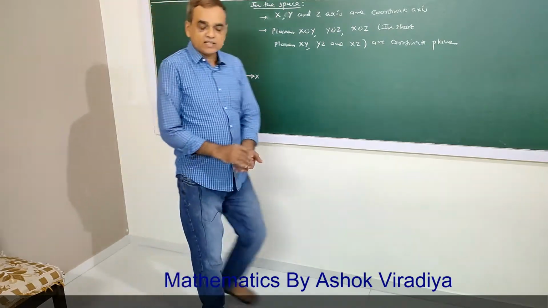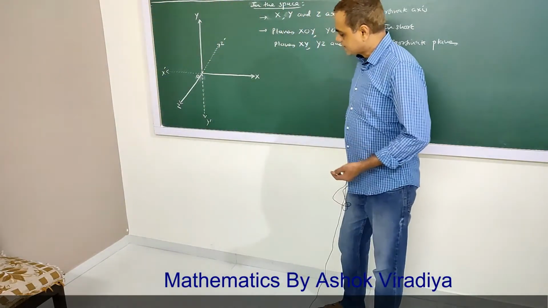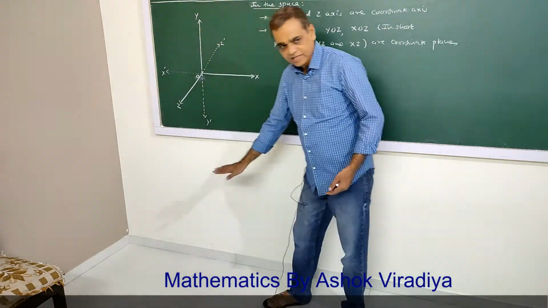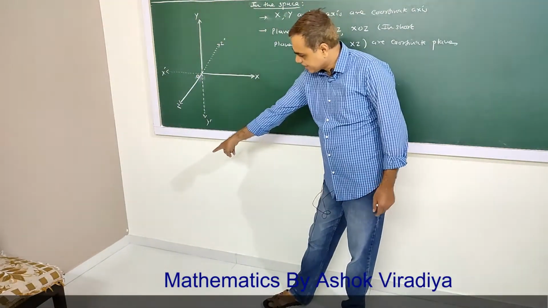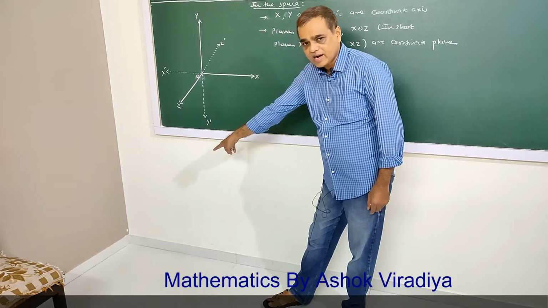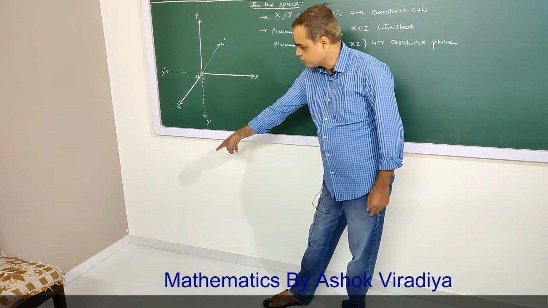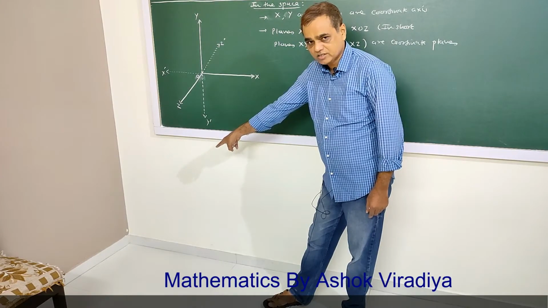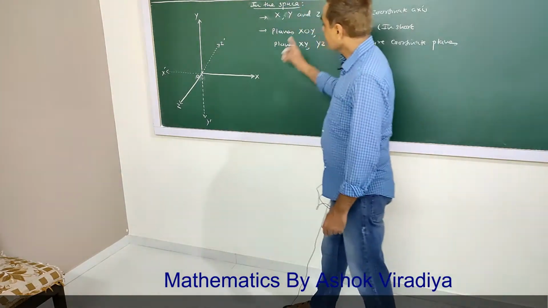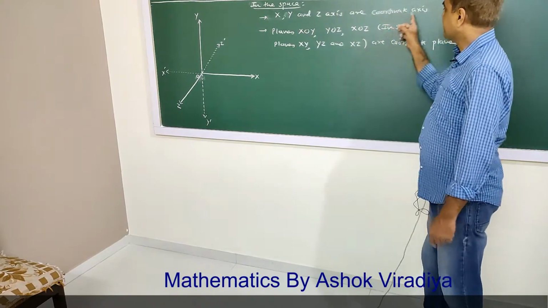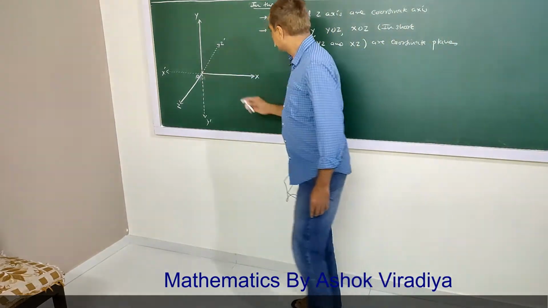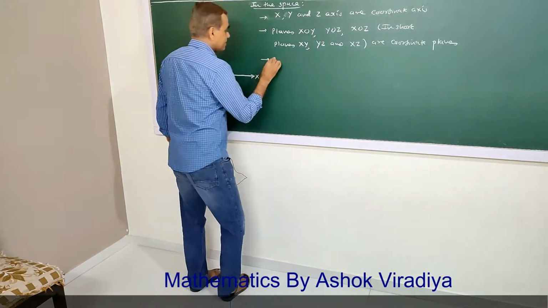So you can see that xy plane, yz plane and xz plane are intersecting at the point which is said to be origin. Or we can say the intersection point of coordinate axes is origin. So this point is origin, the intersection point.